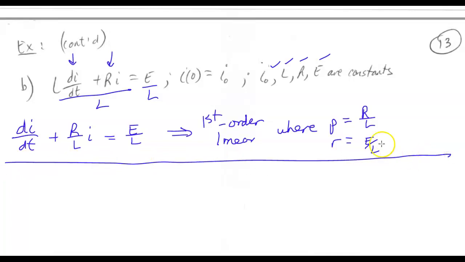So now that we have that, we can just use our formula. And of course, we know the integral of P dx, and P in this case is R divided by L. And remember that R and L are both constants. So any constant, if we take the antiderivative of a constant, it will be just that constant.